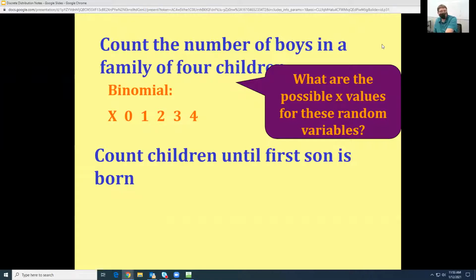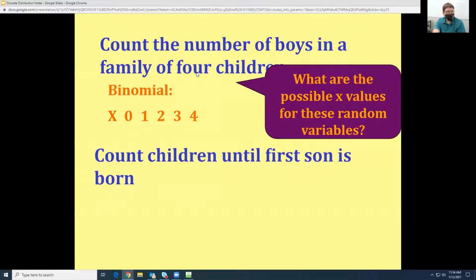The reason this is binomial is that there are 4 specific trials that I'm going to do. So I know that's a binomial distribution. This is what we did last class. So we could ask this question, and I could ask Matthew, what's the probability that I have 2 boys? Well, we'll figure out what the percentage is. It's B with a 4 as my sample size or trial size, comma, whatever the percentage is for a boy, put it in a calculator, and we're good to go.